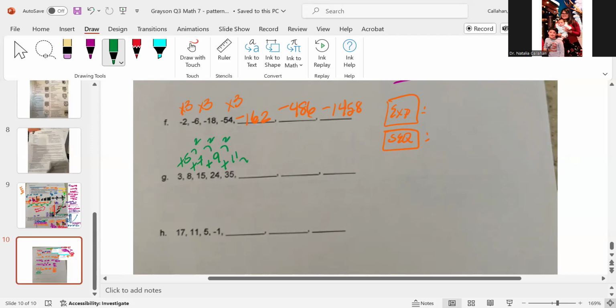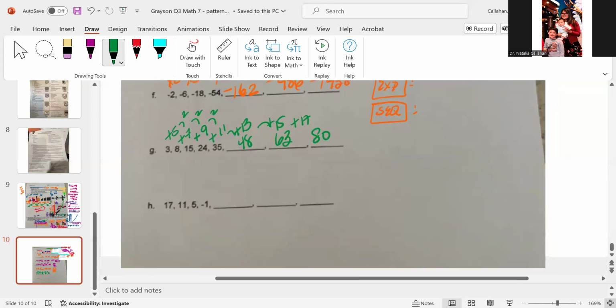So then the 2 will be add 13, add 15, add 17, right? So let's do that. 8 plus 15, 63, 60 plus 17. Okay, so make sure you do that, the explanation and also the sequence, okay?